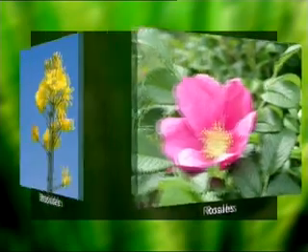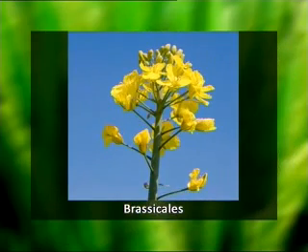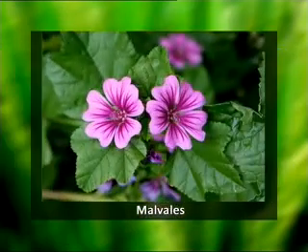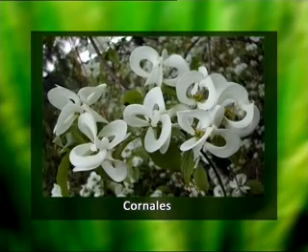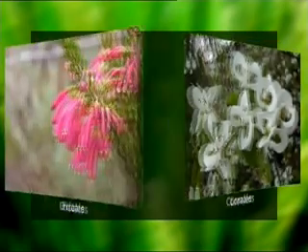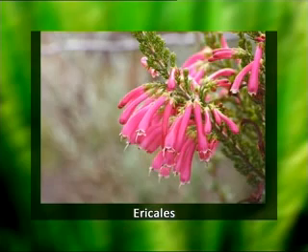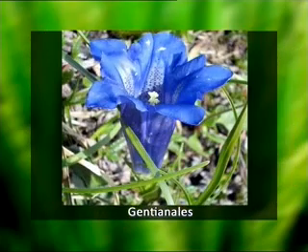In addition to these orders, we have a few more orders in the eudicots like rosales, brassicales, malvales, sapindales, cornales, ericales, gentianales, lamiales.